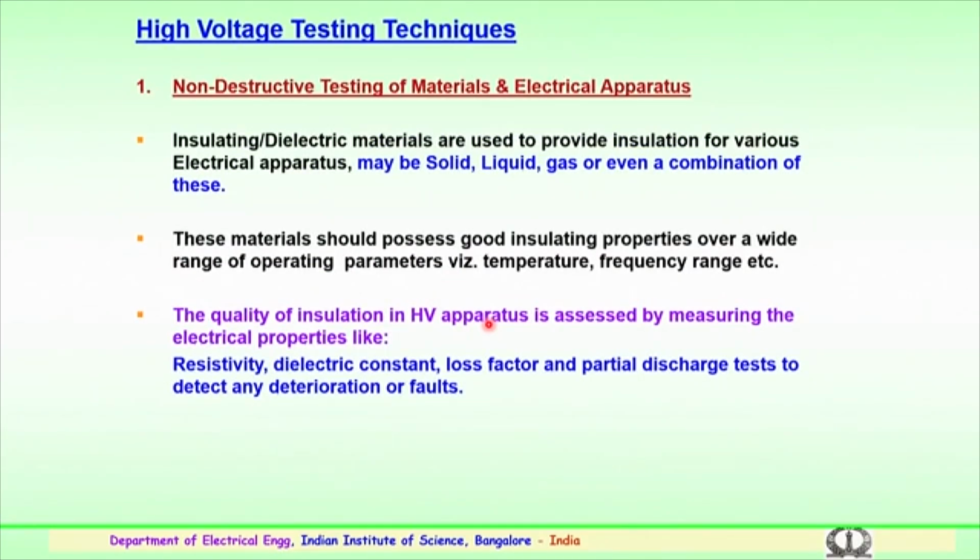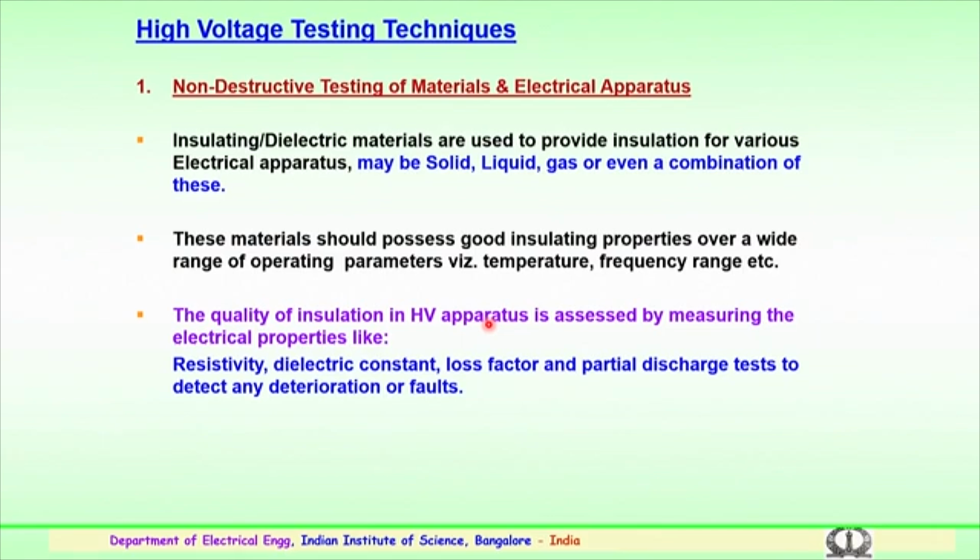So, coming down to the various techniques which are generally employed, we will be focusing on the insulation aspects, as the present discussion is about solid insulators, where we were discussing ceramic or porcelain, glass and polymer.